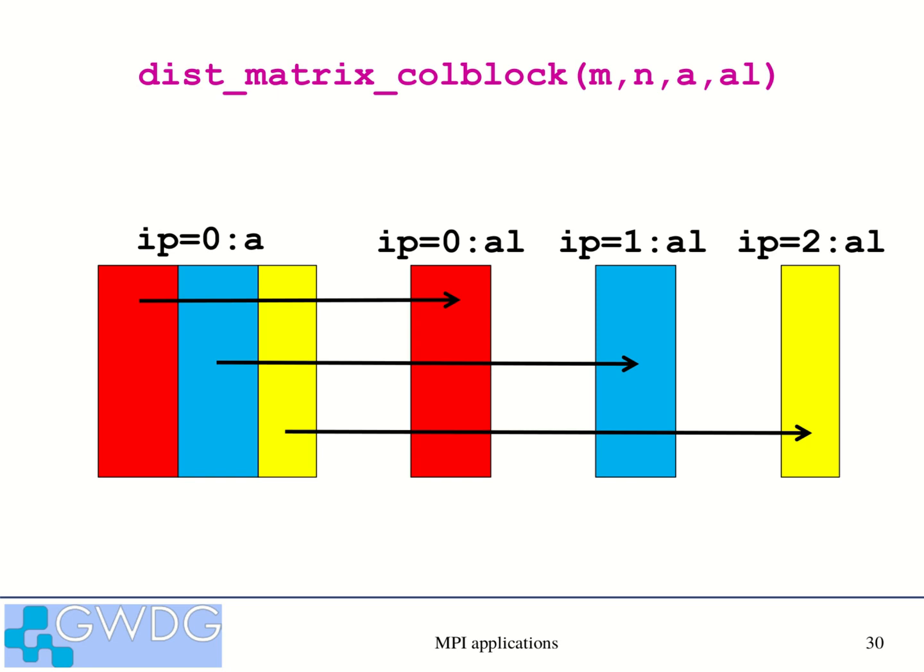Let me see again here. We have to send all the first NL columns of this matrix to another place in memory in the process 0. But a matrix of size n by n in Fortran will be stored column-wise.